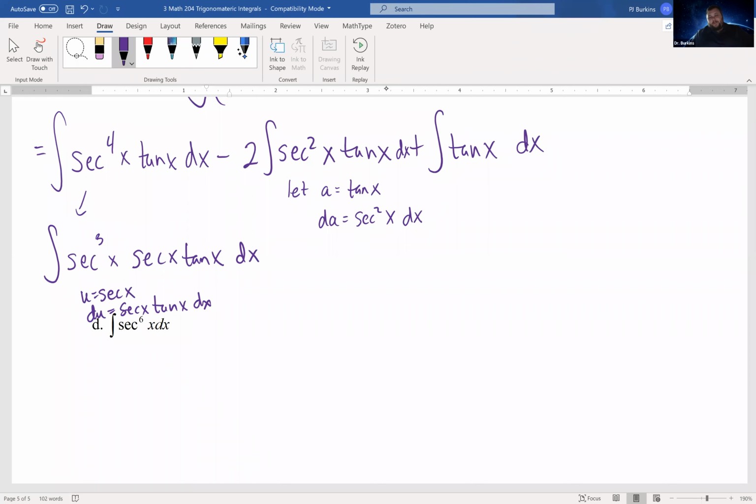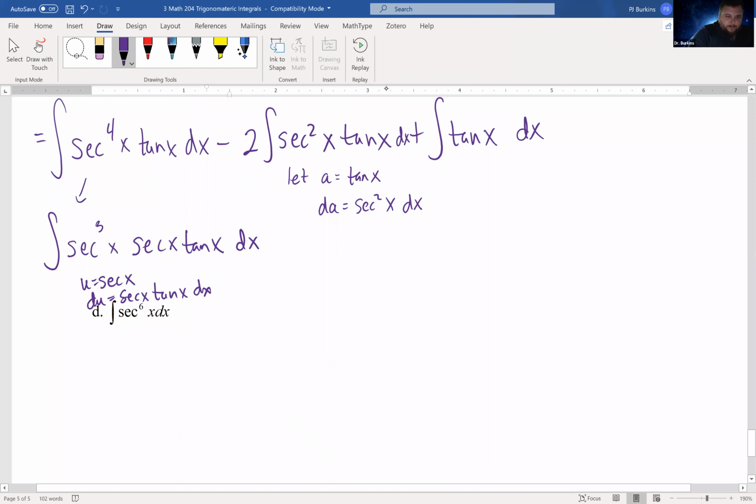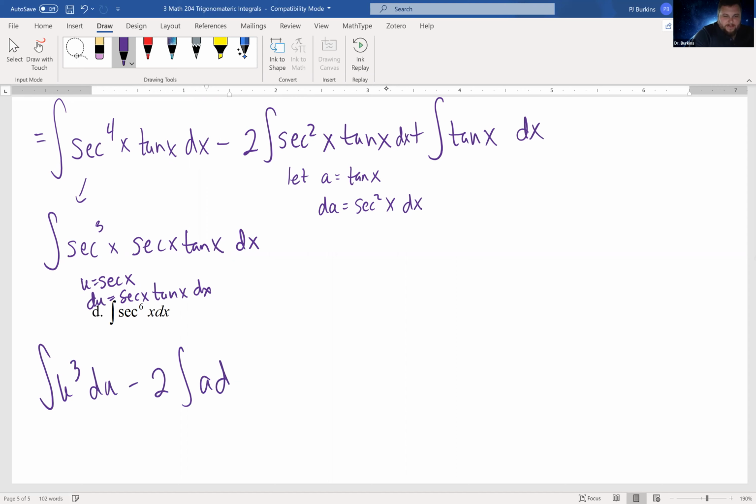So that one's really nice. That one's just going to give me a dA for the integral. All right, so far I've got integral of u cubed du minus 2 integral a dA.